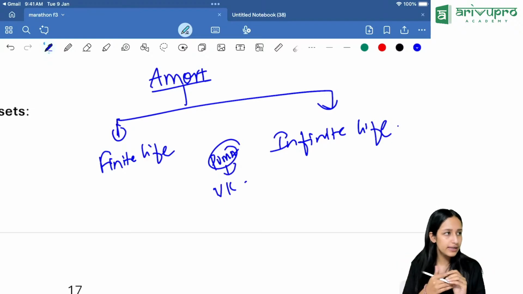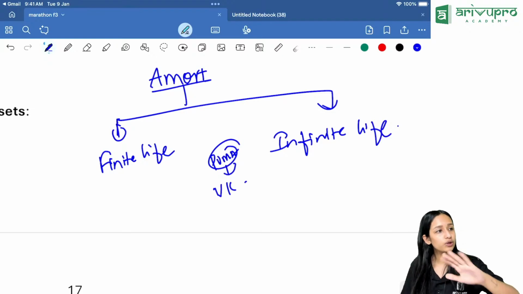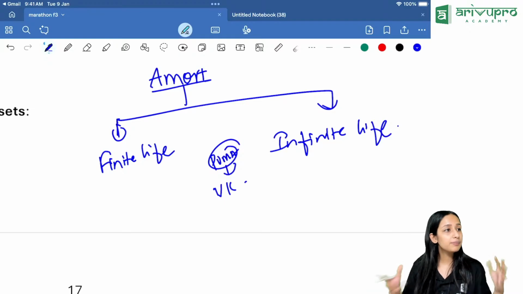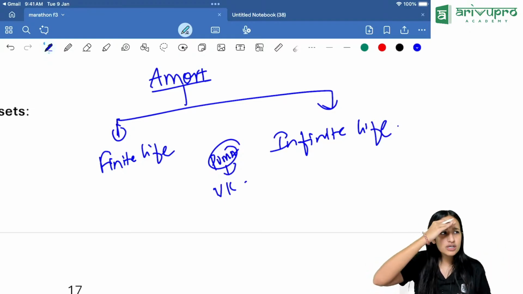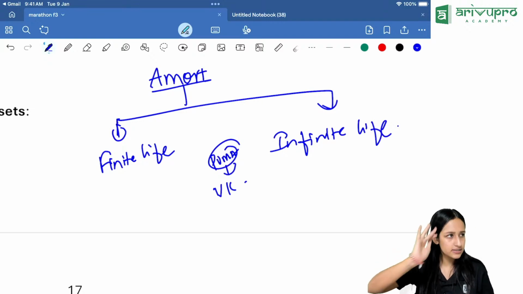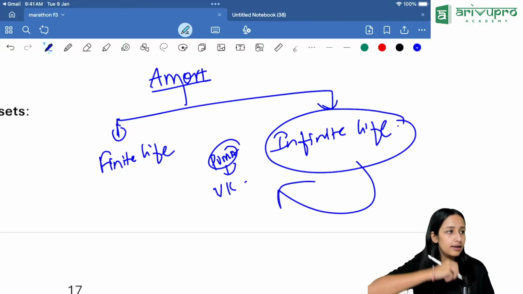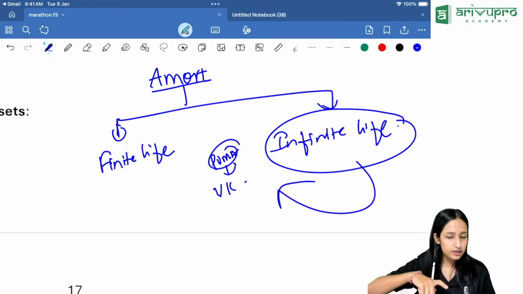We have intangible asset, correct? But this particular value, we do not know when it will stop. Okay, maybe something can happen and people can stop liking him. That could happen. But for the foreseeable future, we do not know where it ends. Correct? Then we assume that to be infinite life of intangible asset.